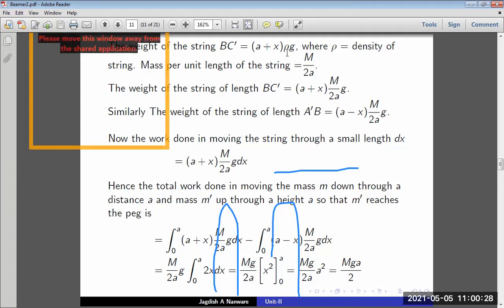The weight of the string of length BC dash: we have a string of different length, so we find the weight of that string whose length is BC dash. It is nothing but (a plus x) into M upon 2a into g, because here the unit length mass is known.